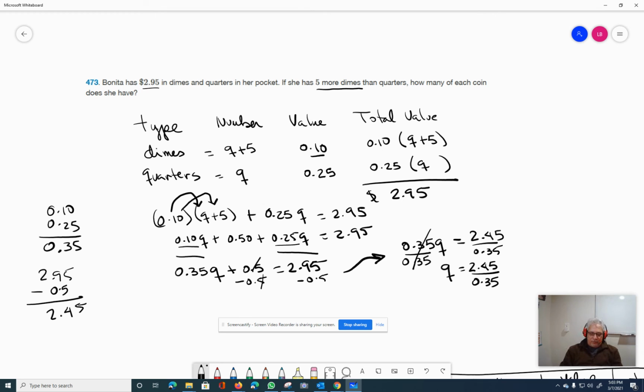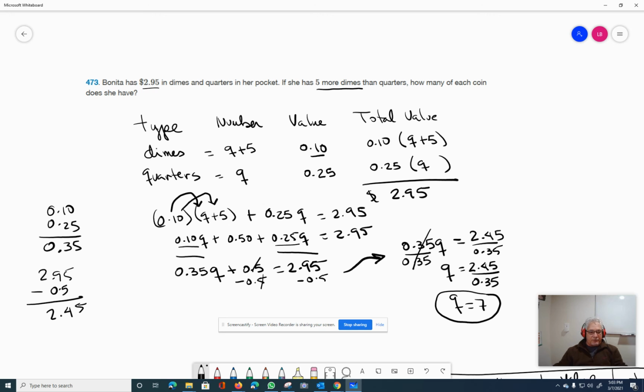Doing the division, 2.45 divided by 0.35, my answer is 7. So I have 7 quarters. That will be the answer for this one. I need to find how many dimes there will be.